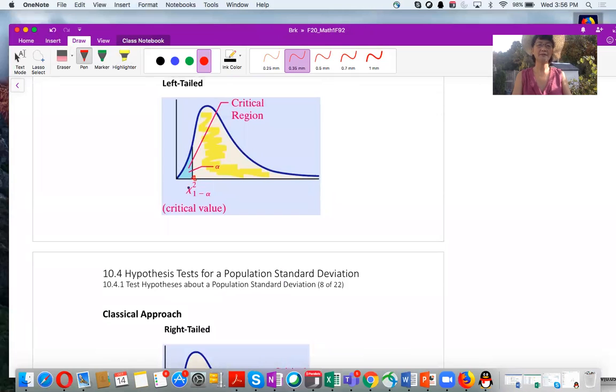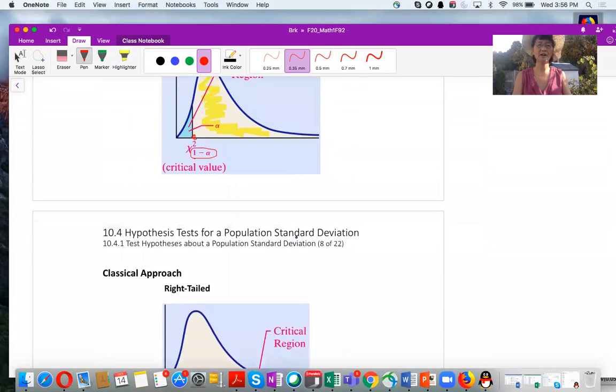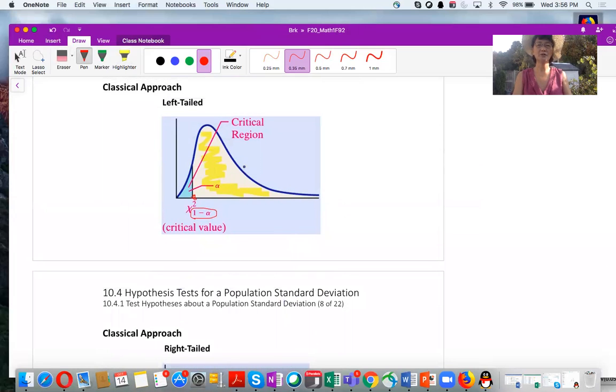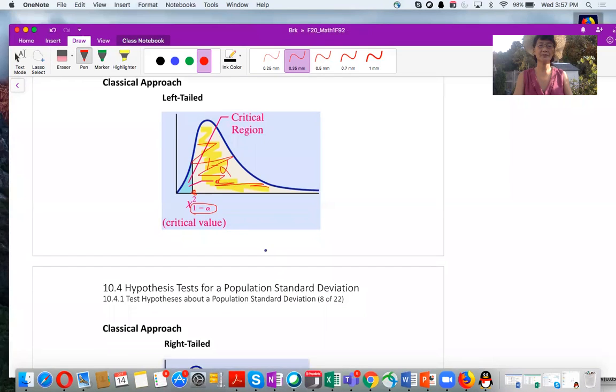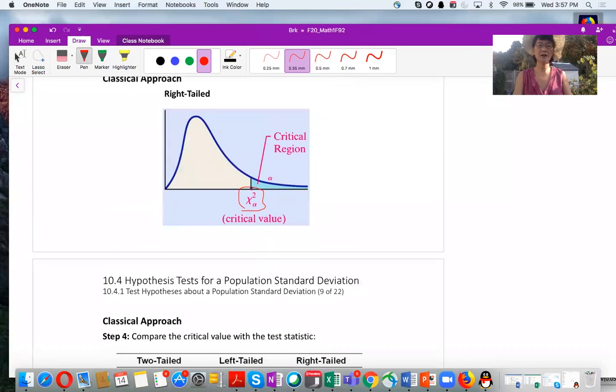Whereas when you have a left-tailed test, the critical value we label chi-square with subscript 1 minus alpha. So the area always refers to the right of the critical value. See, this shaded area here is 1 minus alpha. And here, the area to the right of the critical value is alpha. That's why I use subscript alpha.